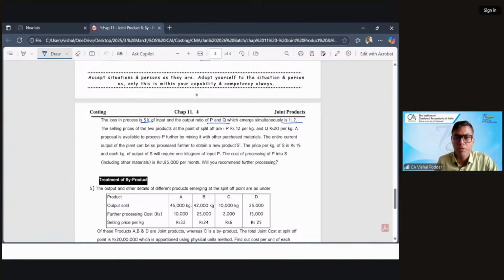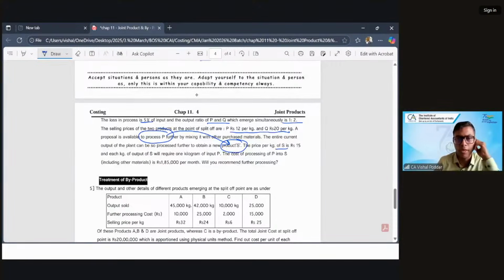The selling price of the 2 products at split off point is this, and there is a proposal whereby you can further process P. This entire output of the plant can be so processed to obtain a new product S. So this P will become S after further processing.